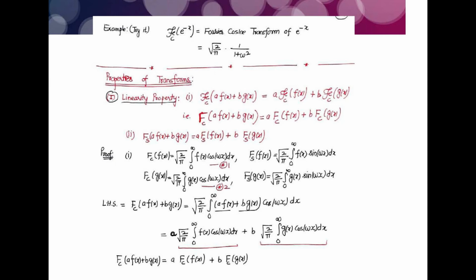A and b are constants, so you can take a and b common, and see the second last line, the underlined two expressions. They are the Fourier cosine transform of f and the Fourier cosine transform of g. So finally we have the result, that the Fourier cosine transform of a times f plus b times g is equal to a times the Fourier cosine transform of f plus b times the Fourier cosine transform of g.